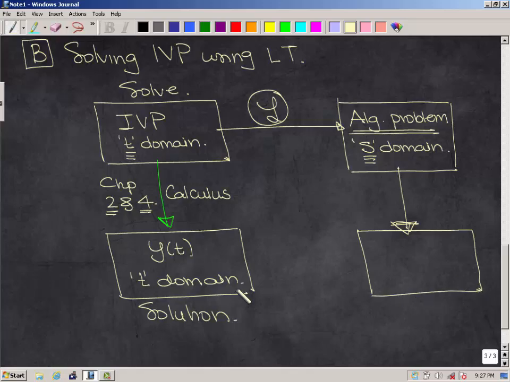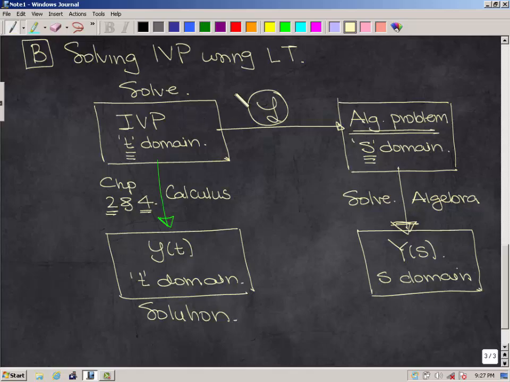So the solution is going to be big Y of s. This is in the s domain still. We're going to solve using algebra this time. We're just going to solve for big Y. That's all we're going to do.